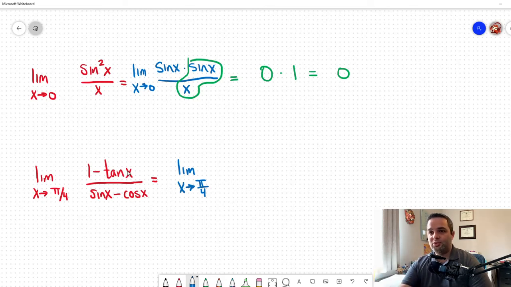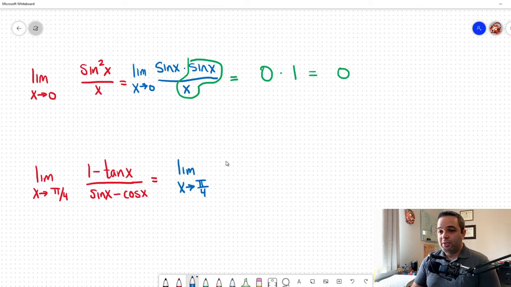So remember, always first try to directly substitute to see if it's continuous at that point. Don't dive into simplifying the expression, because you might be doing all that work for nothing. So here I'm going to rewrite tangent as sine over cosine.